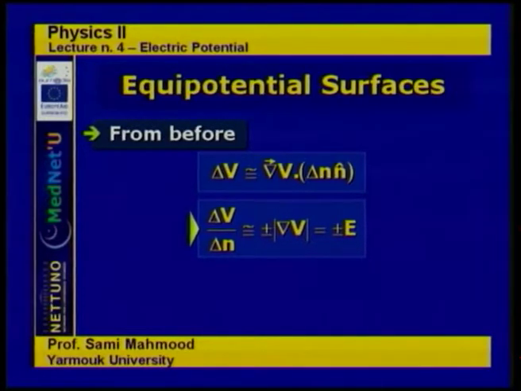And thus, delta V by delta n is simply plus or minus the magnitude of the electric field. That means the electric field is perpendicular to the equipotential surface, and it could be going out if the charge is positive, and going in an opposite direction to the normal to the surface if the charge inside is negative.